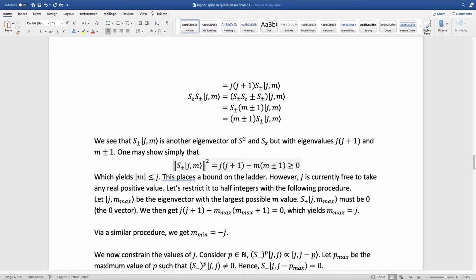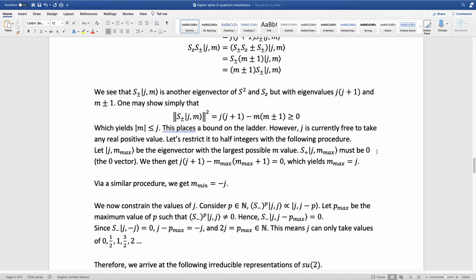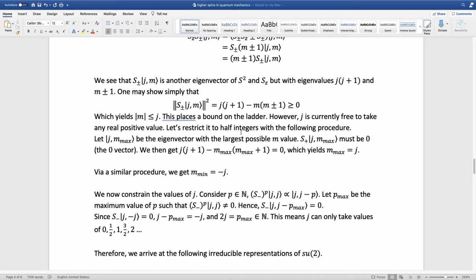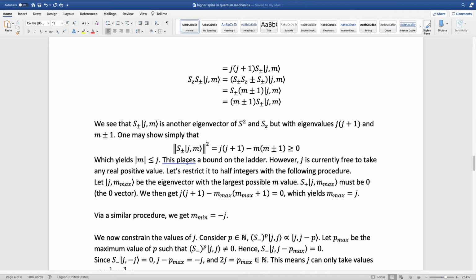But now we do: m is restricted to lie between minus j and j. However, j can still take any positive real value, because we have not placed restrictions on j yet. We will soon do so.